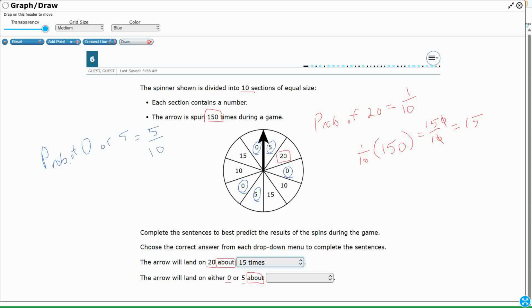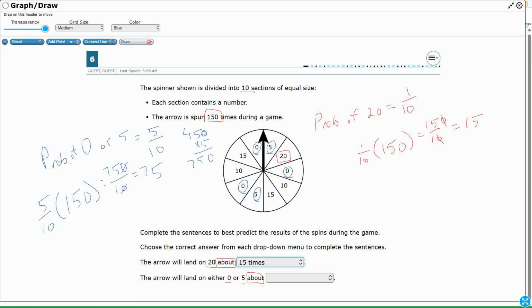Now we could do it just like we did the other one. We can say, well, I've got 5/10, and I'm going to spin it 150 times. Now I'm going to need to do a little bit of multiplication. I'm going to need to do 150 times 5. This is going to be 750 divided by 10. When we divide by 10, we can just drop a 0 off of each, and that's going to equal 75.